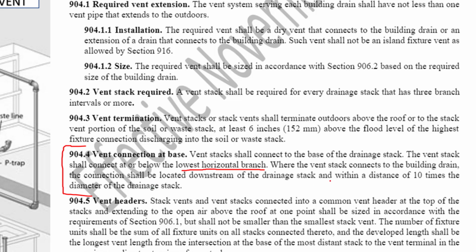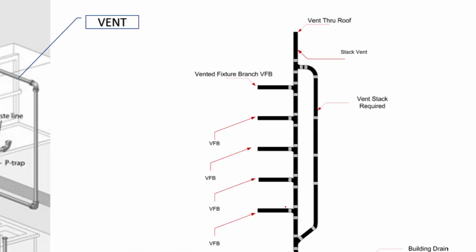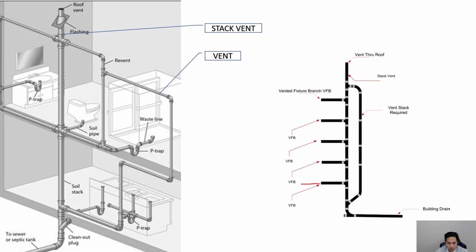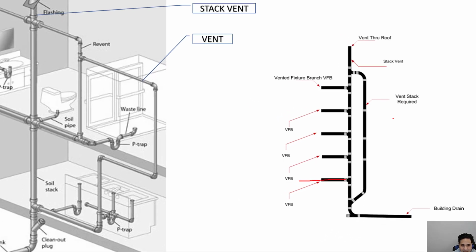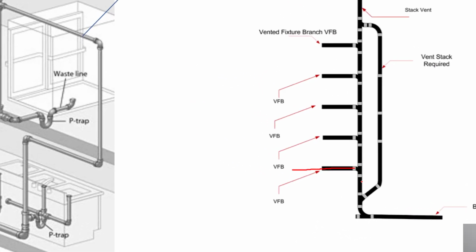So it gives you two options: connected to the building drain, or the vent stack shall connect at or below the lowest horizontal branch. So where it says that this is the lowest horizontal branch and the vent stack has to connect at or below it, in this case it's below it. So this is another way the vent stack can be connected, either to the stack or to the building drain.